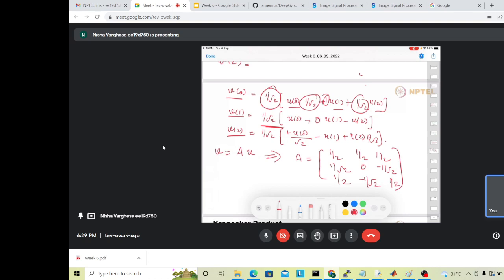So this is the 1D DST matrix. From this you can find the 2D DST matrix using Kronecker product, that will be discussed later.